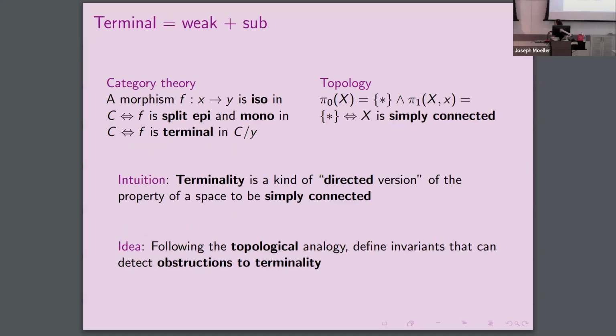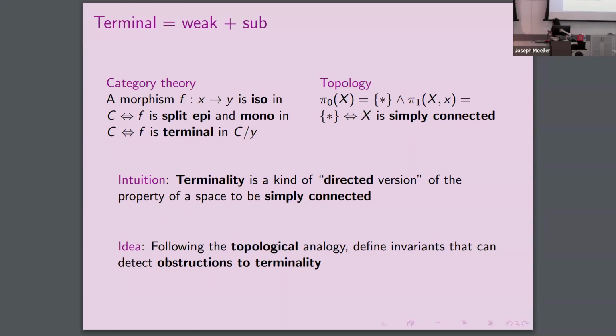So you can put the two together and say that a morphism is iso if and only if it is split happy and mono, we all know that. And this is equivalent to that morphism being terminal in the slice. So terminality is a kind of directed version, directed along the directions of the morphisms in that category, of the property of the space to be simply connected, so with both the topological invariants trivial.